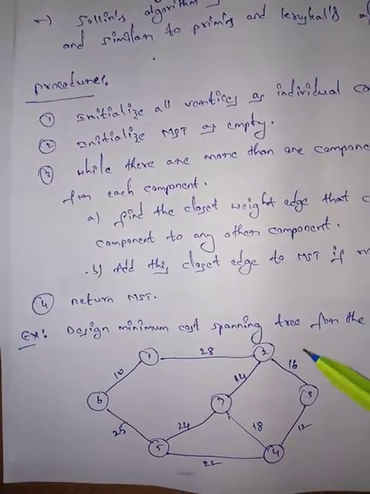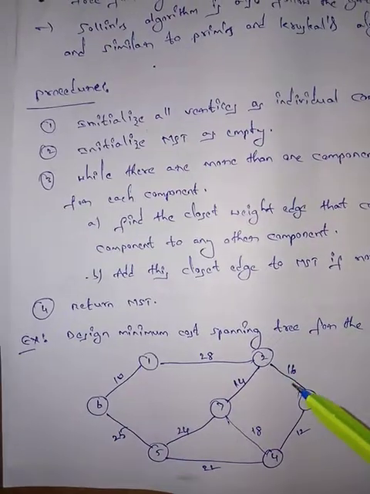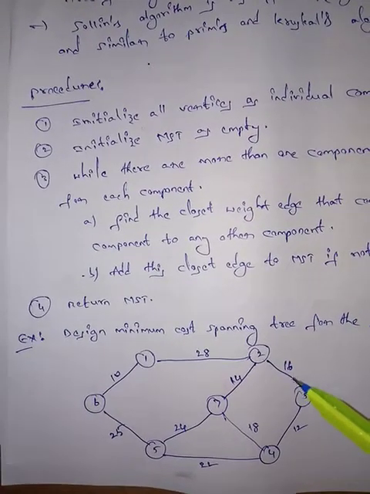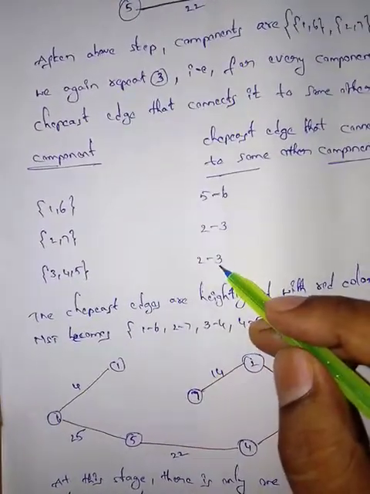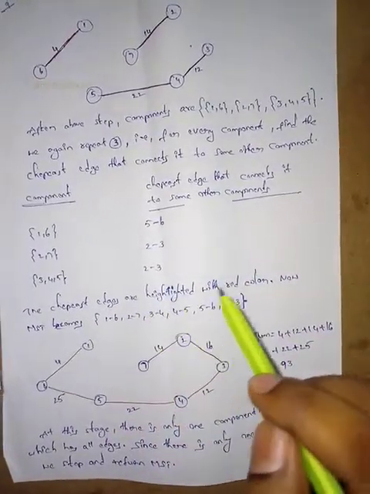Out of these 4 edges, this edge with 16 is the minimum cost. So I selected this one, 2 to 3. The cheapest edges are highlighted with red color.